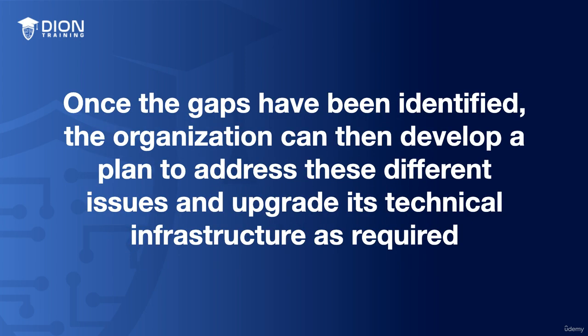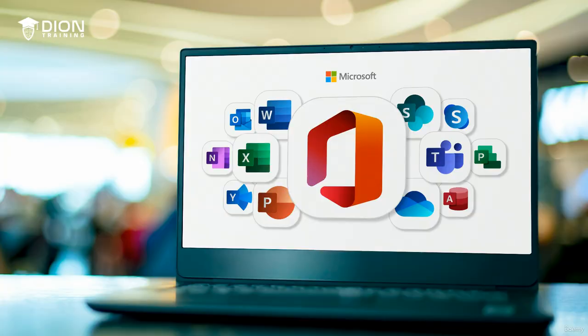Once the gaps have been identified, the organization can then develop a plan to address these different issues and upgrade its technical infrastructure as required. A great real-world example of a technical gap analysis might be if your organization is thinking about migrating its email servers and systems into a cloud-based solution, such as using Microsoft Office 365 or Google's G Suite.